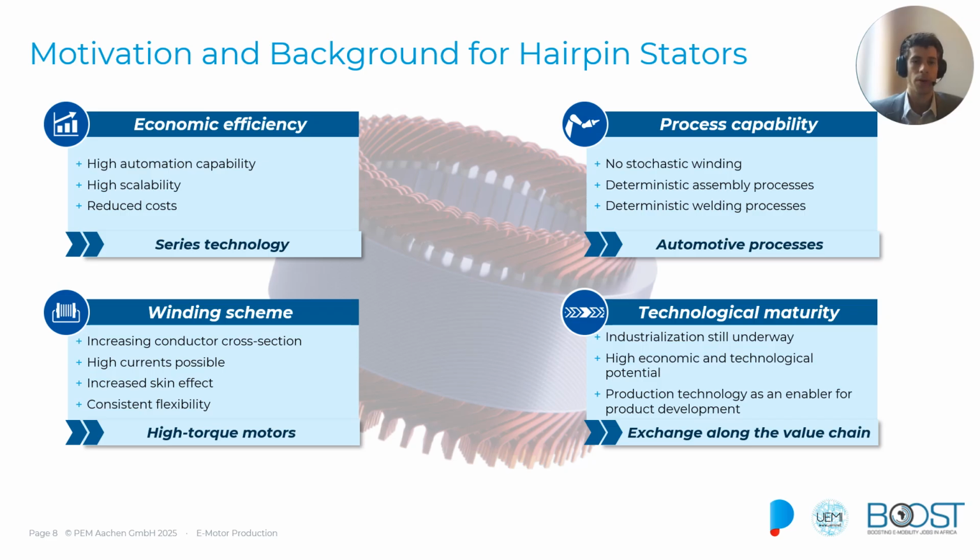And we already talked about that we have a deterministic assembly and welding process, which is favored in the automotive industry. At the same time, we gain high torque motors with high efficiency due to the higher current and stronger magnetic field. And when we look to the future, we still have high potential if we solve the teething troubles in the technological maturity.